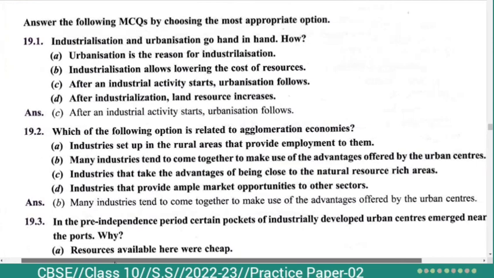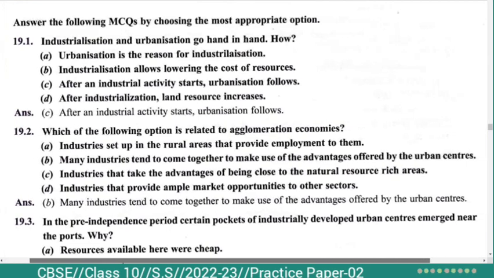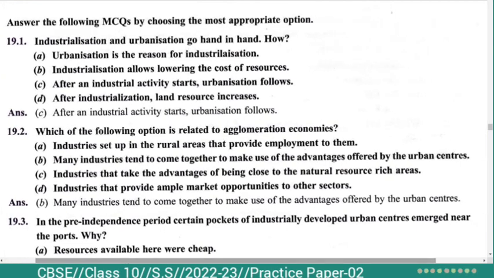Answer the following MCQs by choosing the most appropriate option. Question number 19.1. Industrialization and urbanization go hand in hand. How? Option A. Urbanization is the reason for industrialization. B. Industrialization allows lowering the cost of resources.